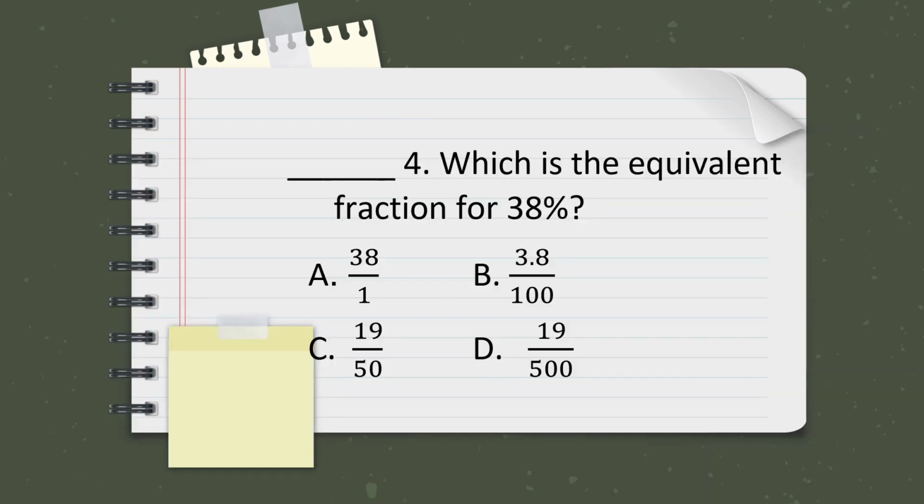Which is the equivalent fraction for 38%? A. 38 over 1. B. 3.8 over 100. C. 19 over 50. D. 19 over 500.